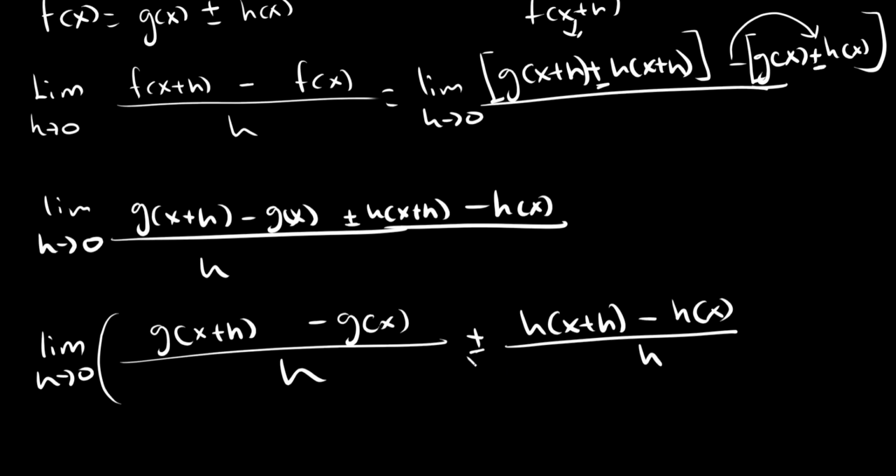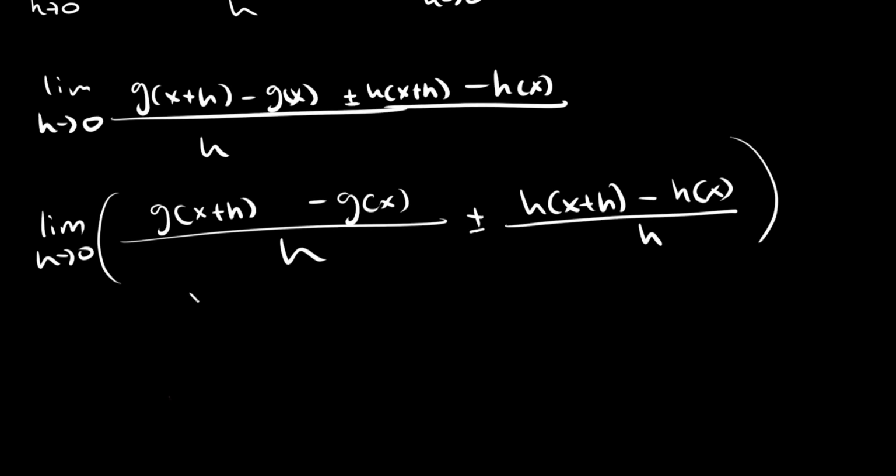The reason I put plus or minus here is that it can be a plus or a negative; it doesn't change the rules, you just change the sign. So you don't have to worry about the sign right now. So we got g of x plus h minus g of x divided by h, plus or minus h of x plus h minus h of x divided by h.